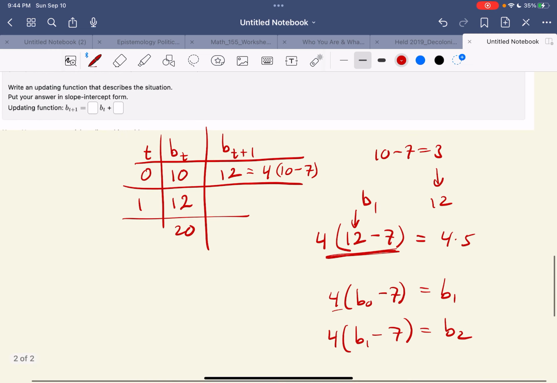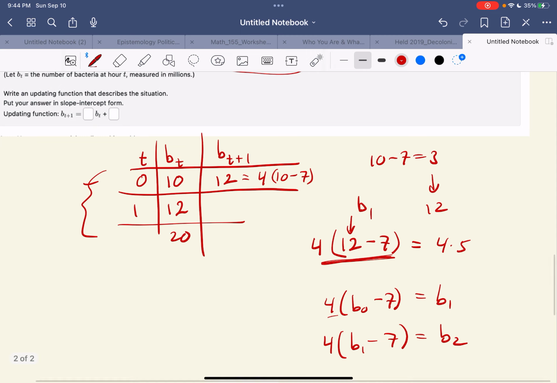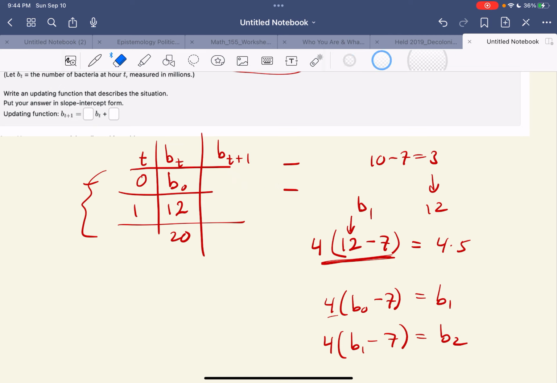With numbers, we can often start to figure out what it is, but then we eventually have to let ourselves not use numbers. I made up this number 10. This is actually just B0. What do you do to compute B1? You take B0, subtract 7, and multiply it by 4.